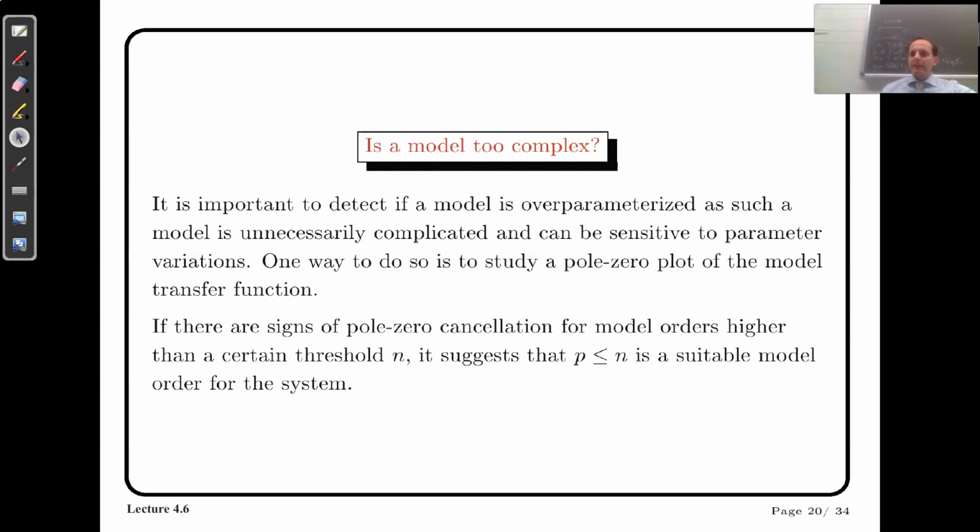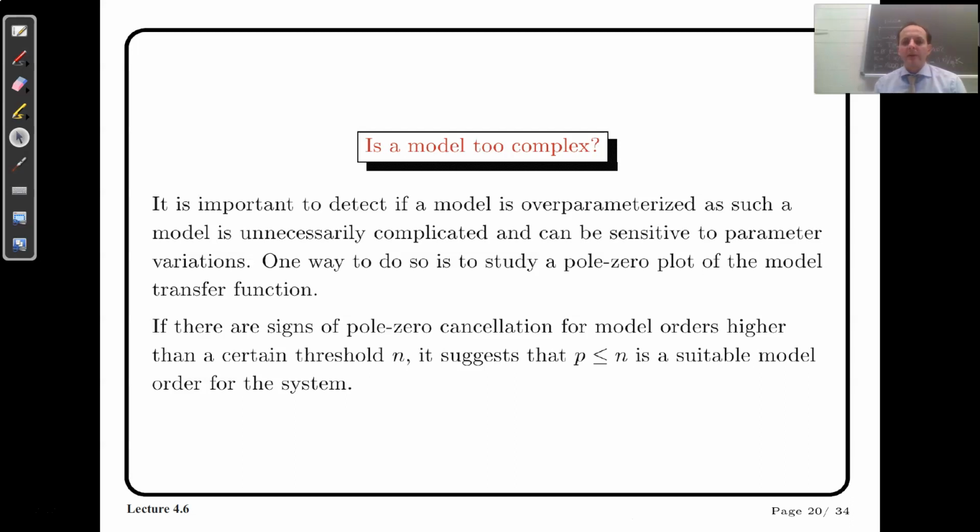On the other hand, how can we understand if the model is too complex? It means that we used a number of parameters that is too big, and it should be understood if the model is unnecessarily complicated, because a very complex model can be sensitive to parameter variations.